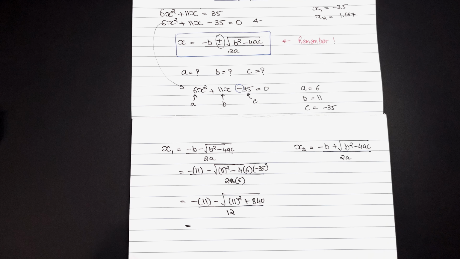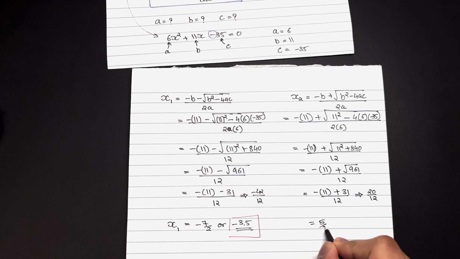And now let's solve this other equation. If I simplify this further, this 20 over 12 will equal 5 over 3, or you could say 1.667, right?